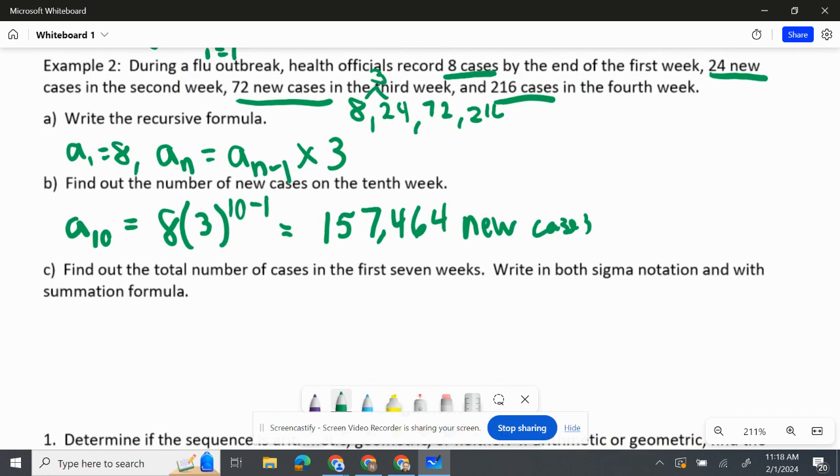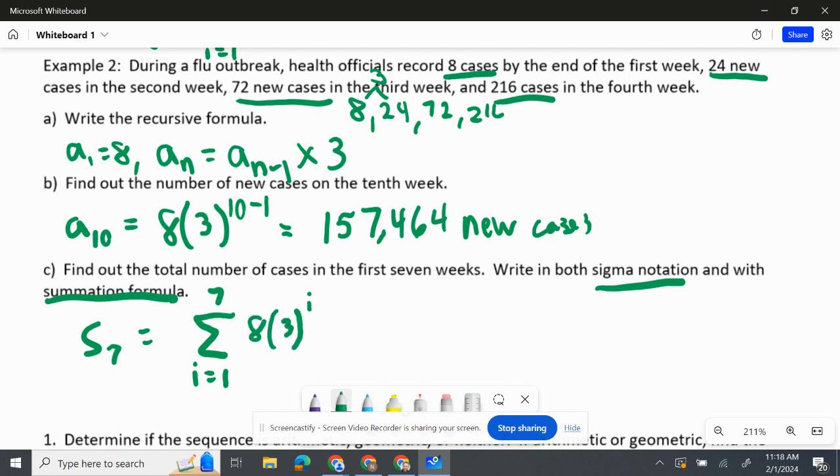Then for letter C, we're going to do the same thing. We're going to do our sigma notation, then a sum formula. We're trying to find the sum of 7 weeks. For the sigma notation, we start with 1 and end with 7. Our first term is 8, multiplied by 3 to the I minus 1.